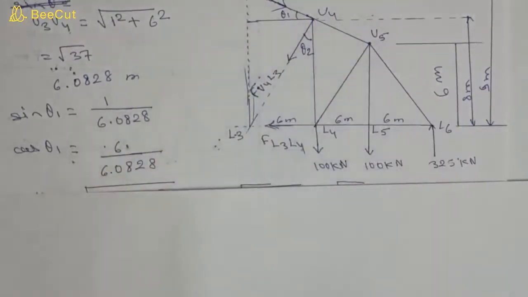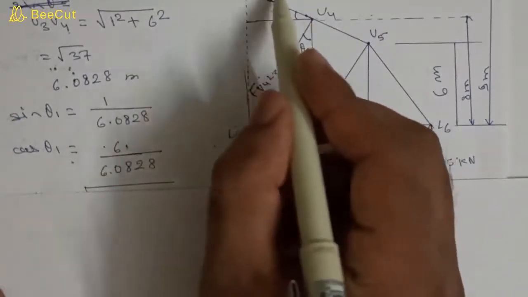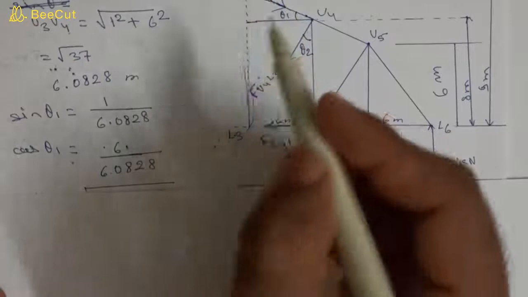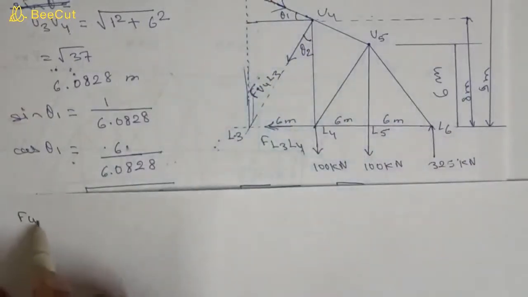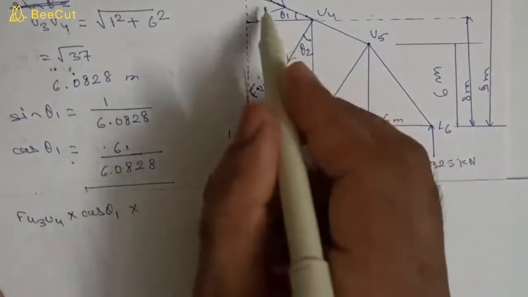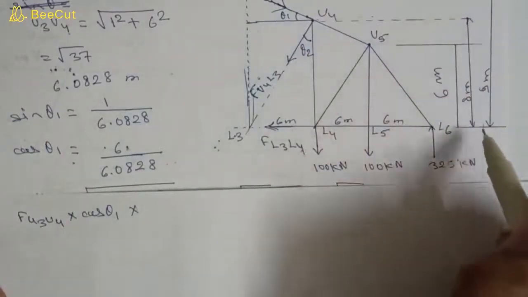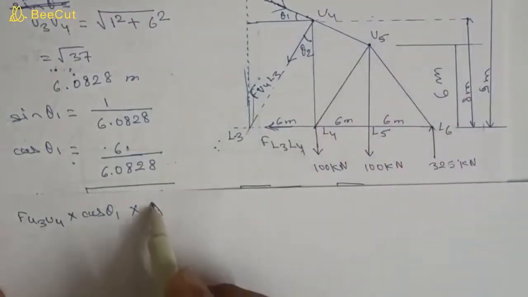So what will be its horizontal component? This angle is theta. So F U3 U4 into cos theta 1 into distance from here, which is given as 9 meter.